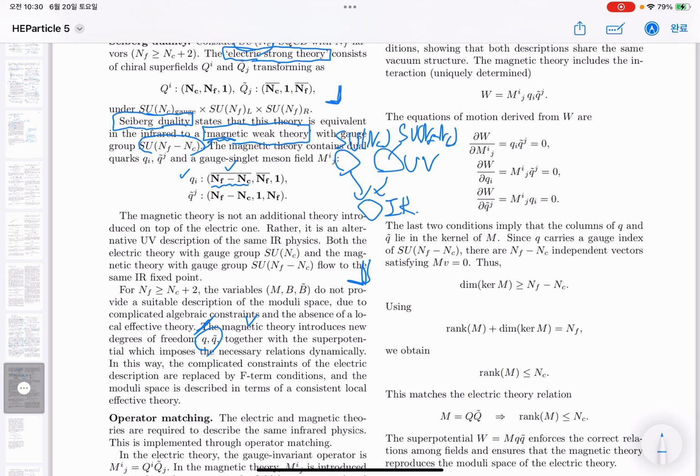And this can provide the additional terms for the potential, and the relations become dynamical. So the complicated constraints of the electric description can be replaced by such new degrees of freedom, and we can obtain the effective theory in the IR.